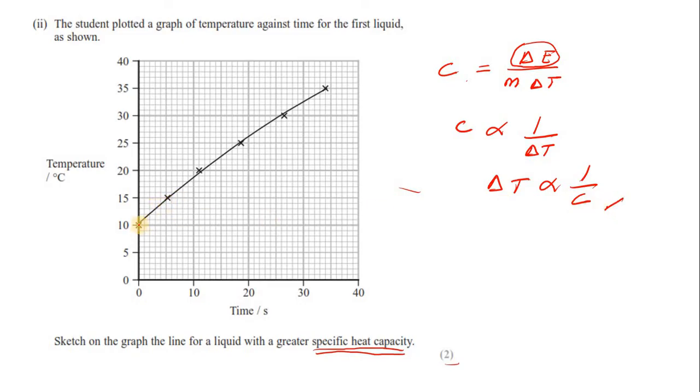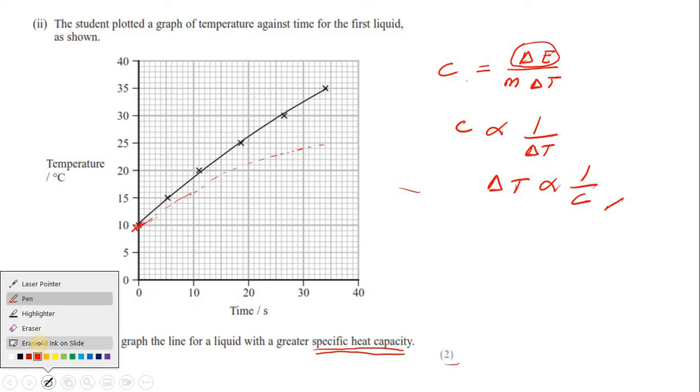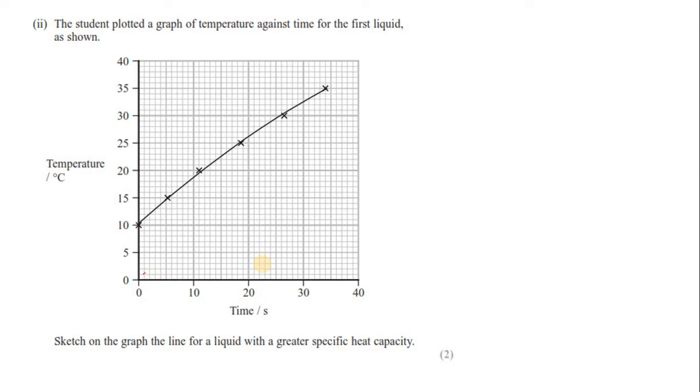So the graph will start from the same initial temperature, but the change in temperature, or increase in temperature, will be lower as per this relation. So you can say that there is a line with lower gradient, something like this, and the rate of change in temperature will be decreasing. So that's how you can sketch a line with a lower gradient, and the rate of change of temperature will be decreasing. So you can sketch a line something like that.